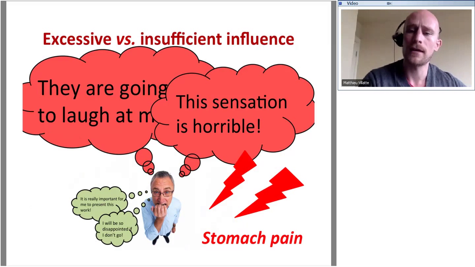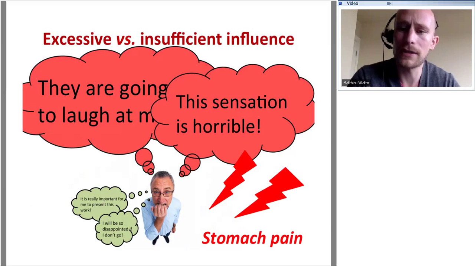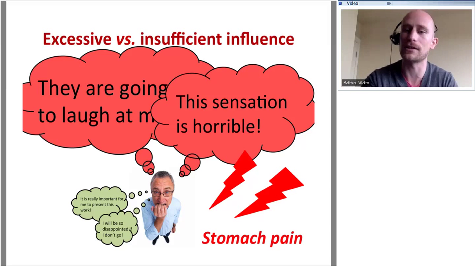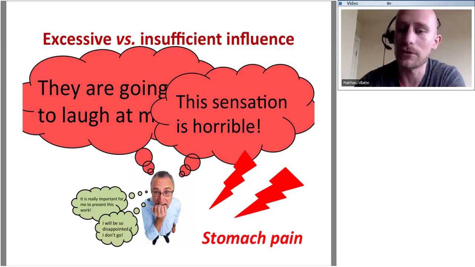Why? Because there is a thought, or a couple of thoughts, that are influencing this person's behavior over other sources of influence. There is a restriction of the range of possible action, and it takes this person away from his values, providing that making this presentation is what matters, of course.